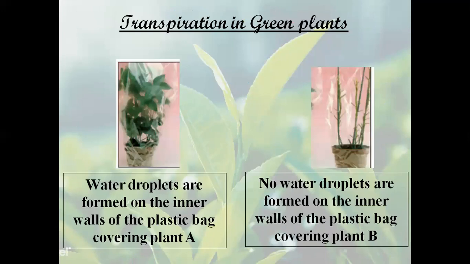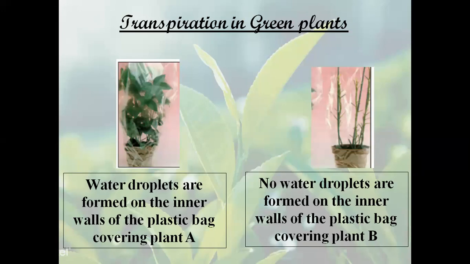Here we have two plants, A and B. The variable factor between these two plants is the leaves. We have leaves in plant A while we don't in plant B. We cover both plants with a plastic bag and we wait for the results.